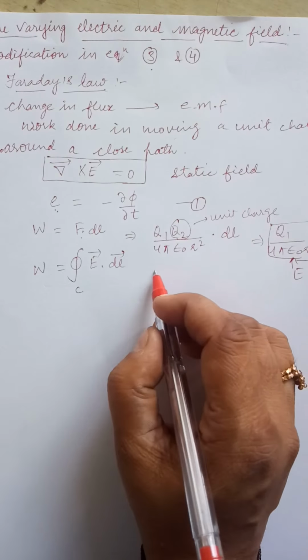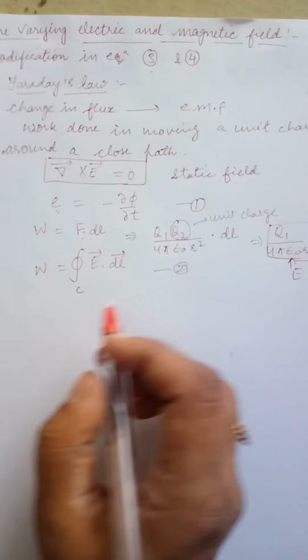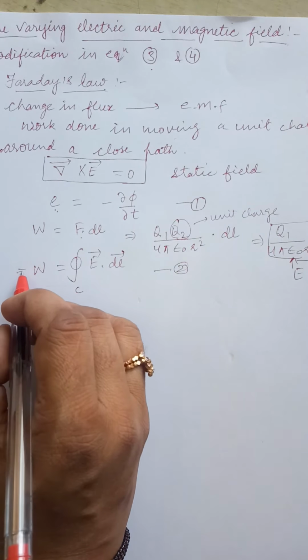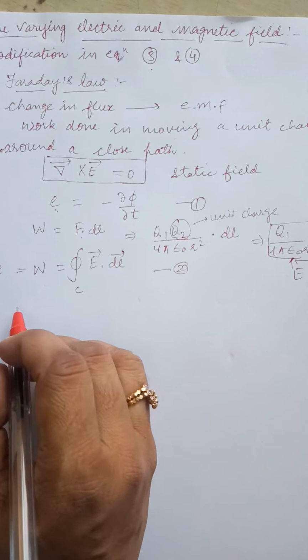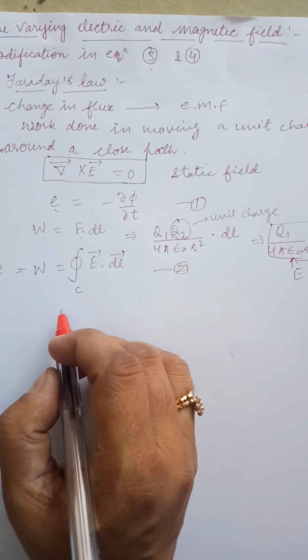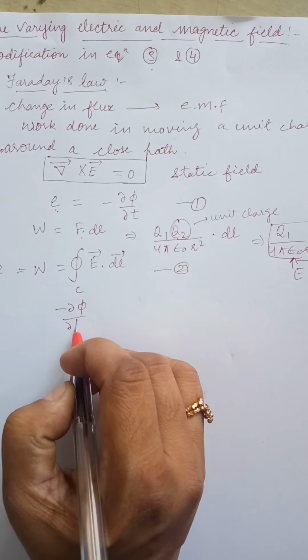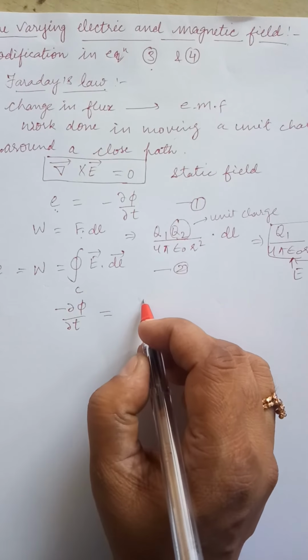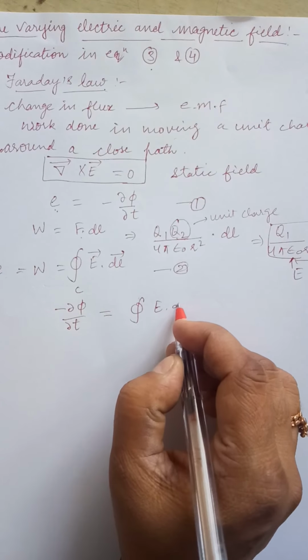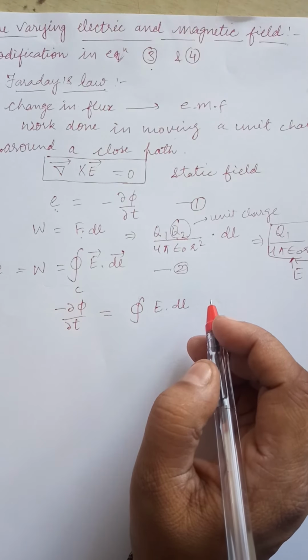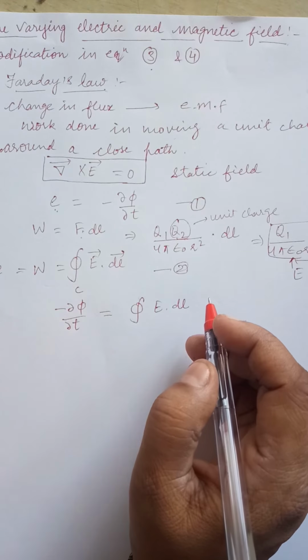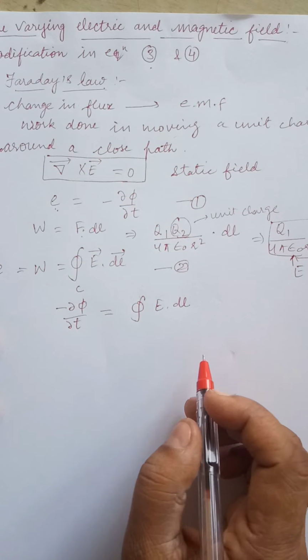So now equations number 1 and 2 are equivalent because the work done is equivalent to EMF. So from 1 and 2 I can write minus del phi by del t, the rate of change of flux, is equivalent to integral E dot dl, that is the electromotive force we have compared.